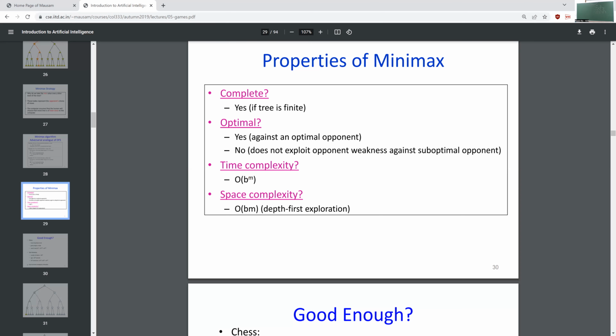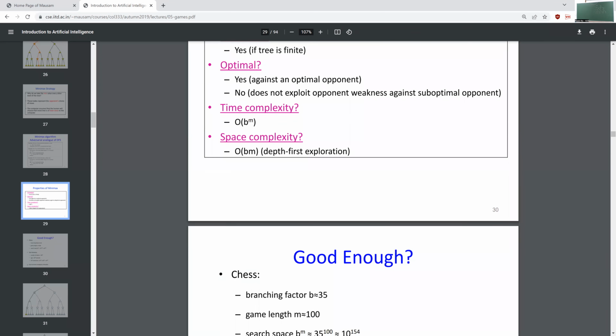What is the time complexity? You have to calculate the minimax value for all the nodes of the game tree. If your game has an average branching factor of b, and the depth of the tree is m, then you have order b to the power m nodes.